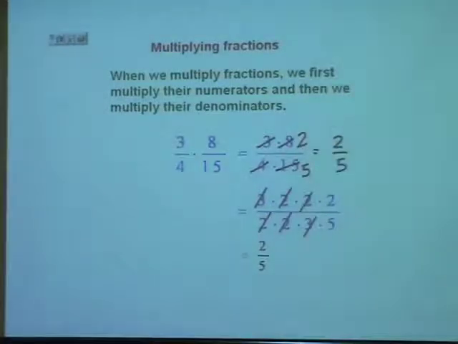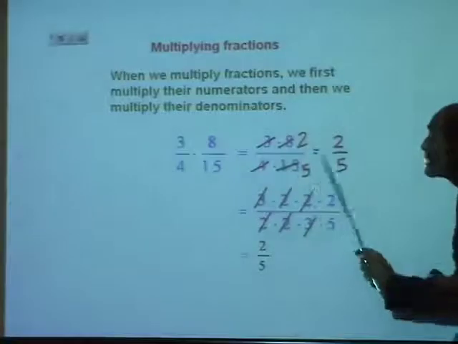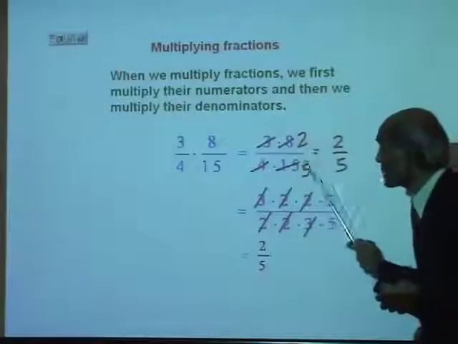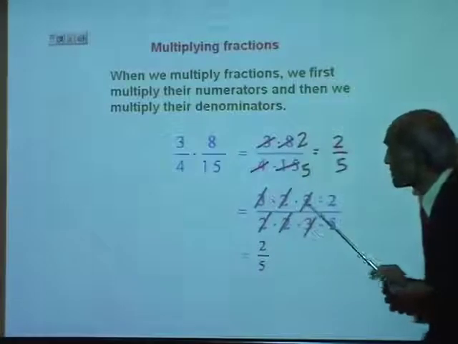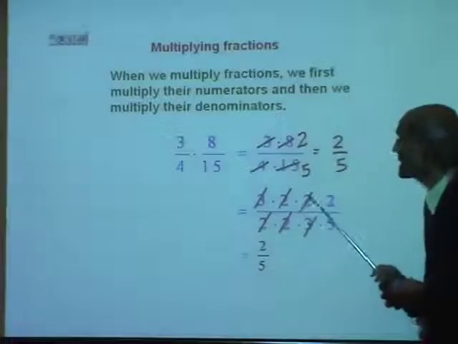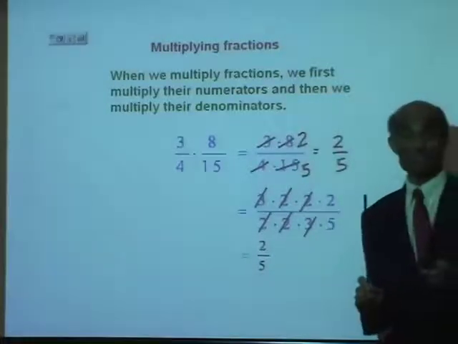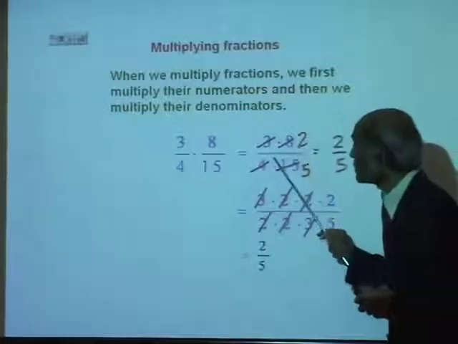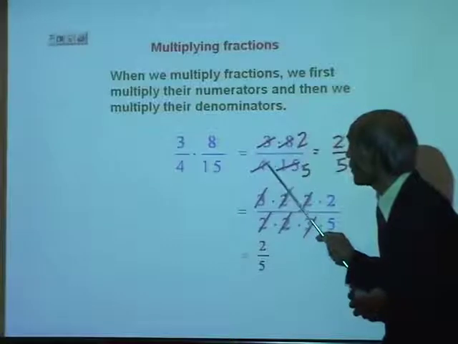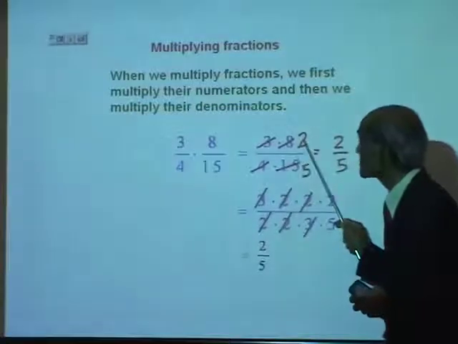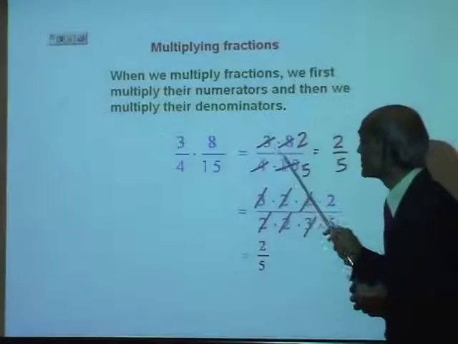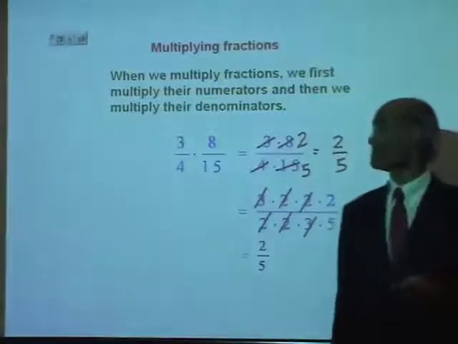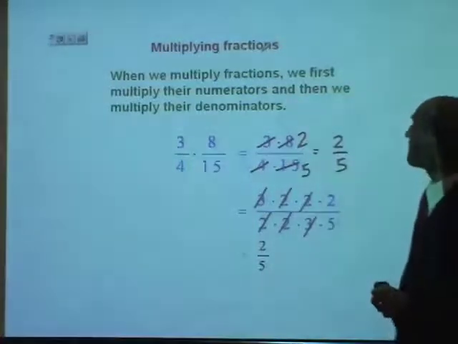Well, this is a very quick way of doing it when you know your numbers well. If you don't know your numbers well, you need to factor them like this and cancel the common factors. They are exactly the same. If you feel comfortable, you go like this. You see, 4 goes in 8 2 times. 3 goes in 15 5 times, giving us the answer 2 over 5.